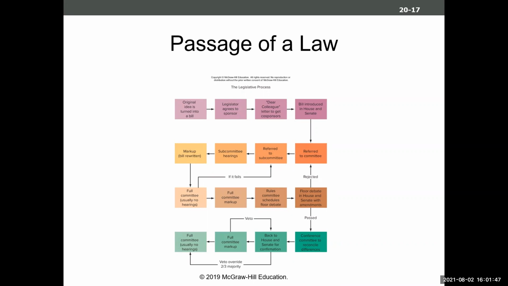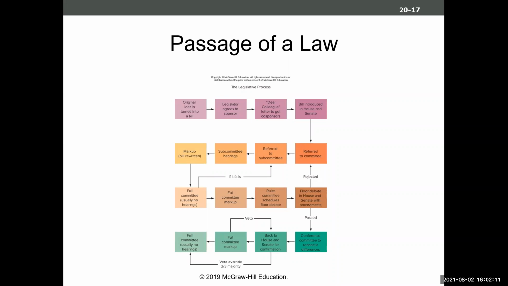If it's passed, it may have some changes made, then it goes to the House and the Senate for confirmation, and it gets the full markup, can be vetoed, sent back to the House. If the veto is overridden, or if it passes through with no problems, it goes back to the full committee, and then it becomes law.